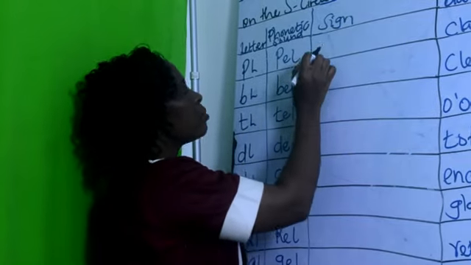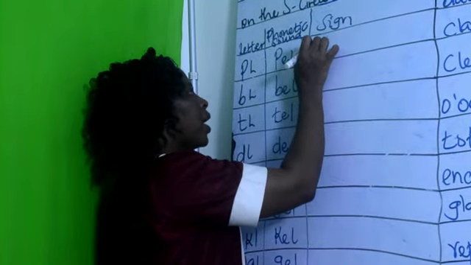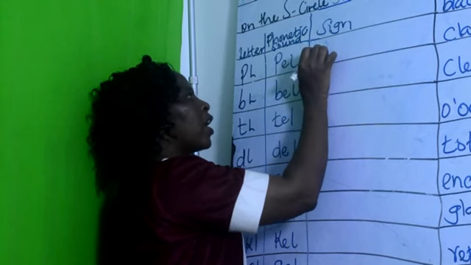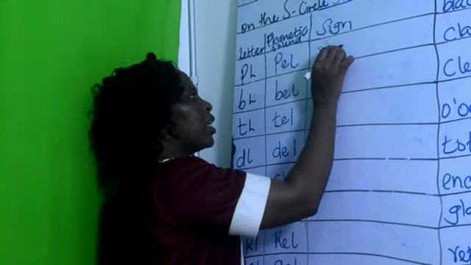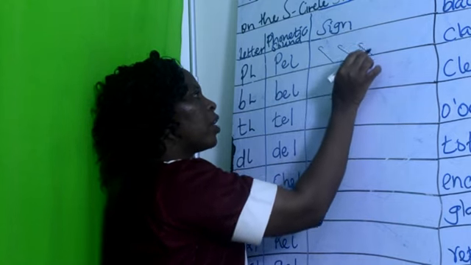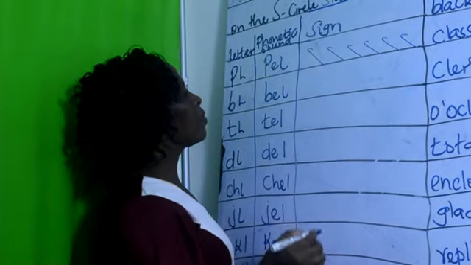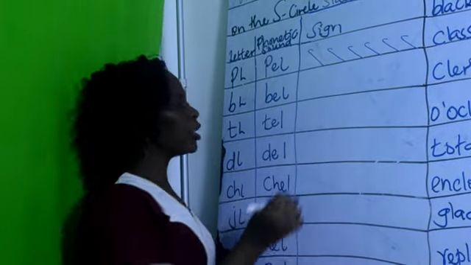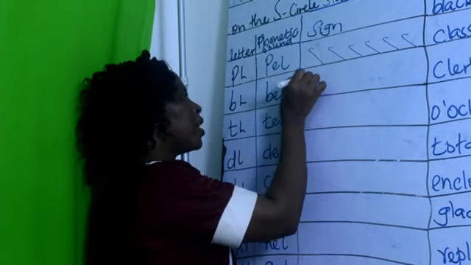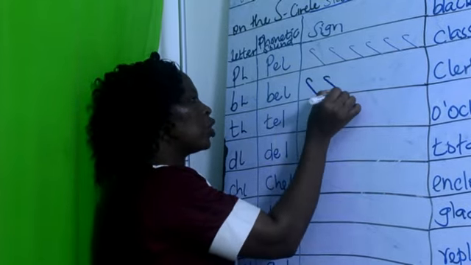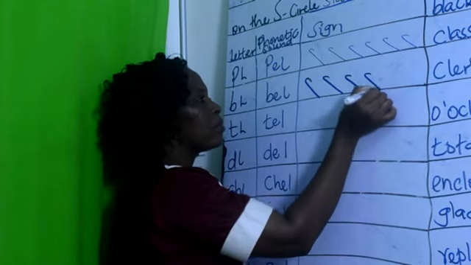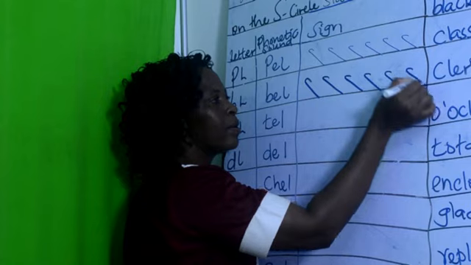The sign that represents pel, or stroke of P hooked for L, is this sign, like that. Then we have stroke of B hooked for L. B is a heavy stroke. It is also hooked for L. Look up here.